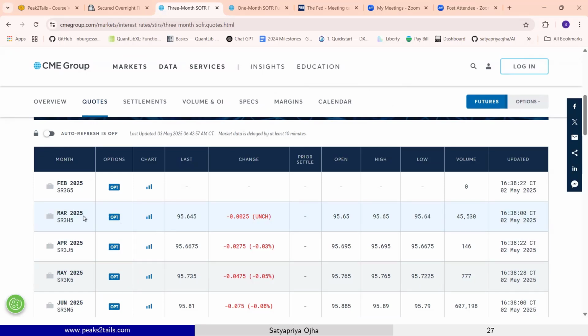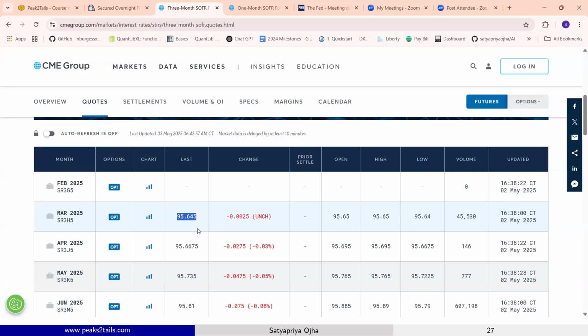Right now we are somewhere in the middle of that contract. Do you agree? It's the month of May, between March and June. This price gives us an idea of the rate applicable for the entire 3-month future, so a 3-month rate between March and June is 4.455. That rate is for the 3-month period.